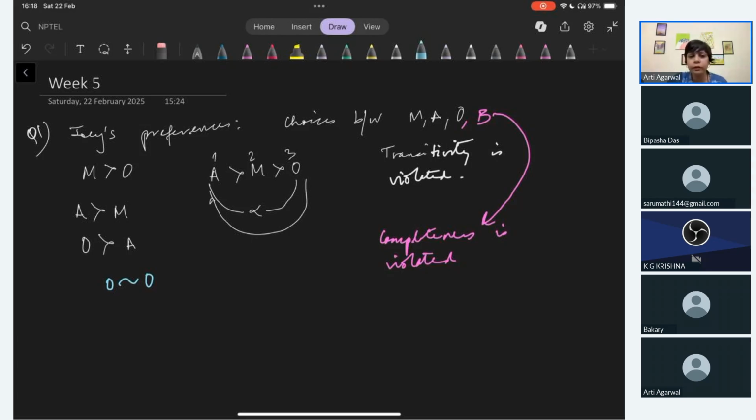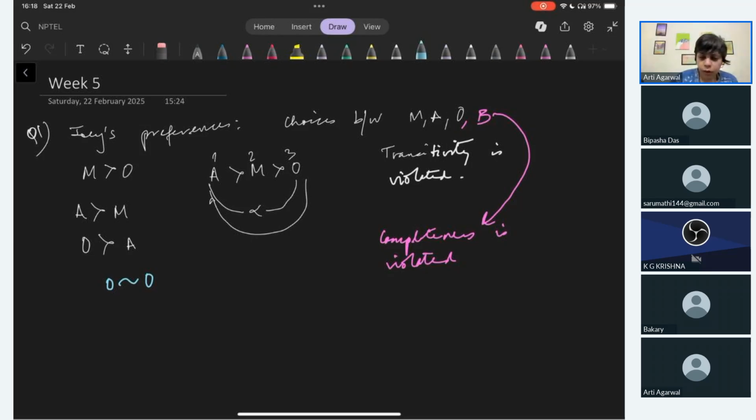But in set theory, reflexivity simply means that the item is related to itself. So reflexivity is rarely going to get violated. And if a particular set fulfills completeness, then you can be sure that reflexivity is also not getting violated.